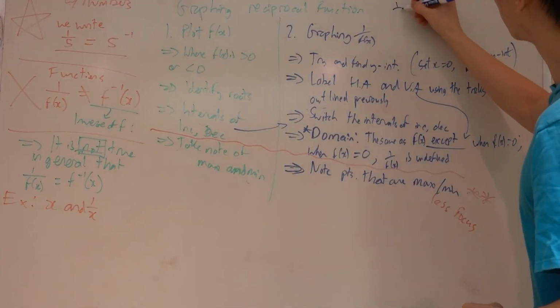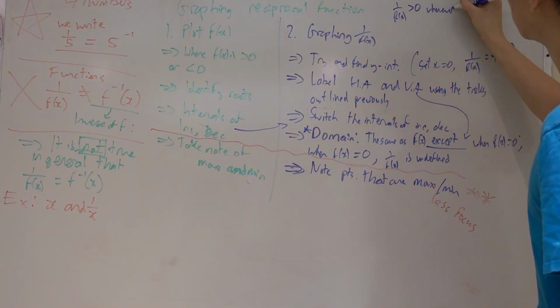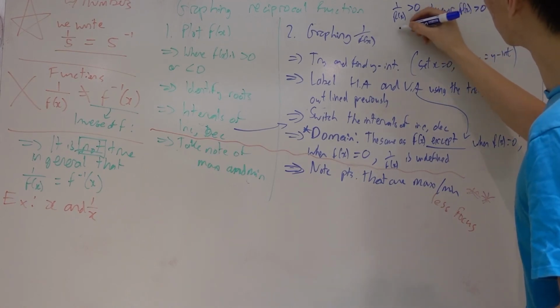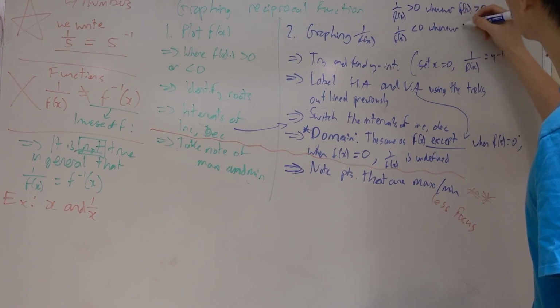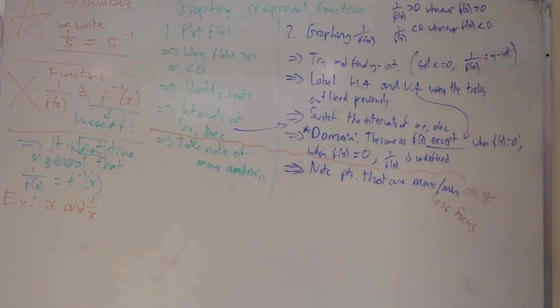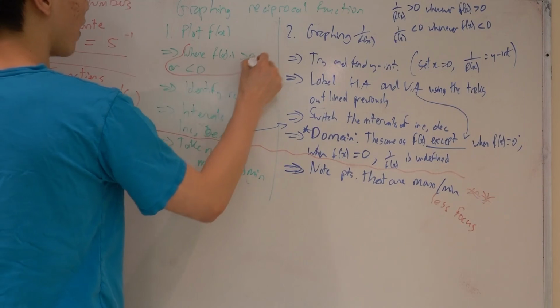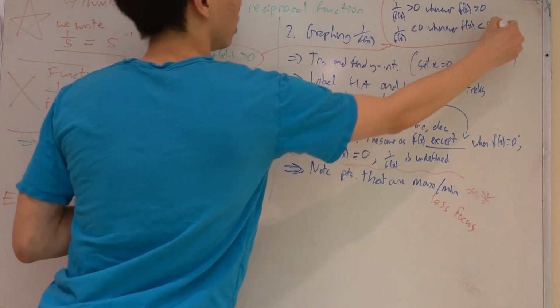So 1 over f of x is greater than 0 whenever f of x is greater than 0 and is also less than 0 whenever, and this is just a point that we made earlier, the sign of the function does not change, right? And so you'll use, let's just draw it in, you'll use this fact to help you with that one, right?